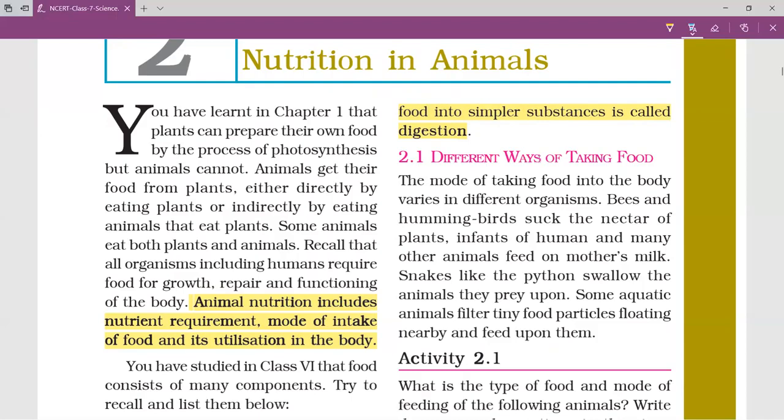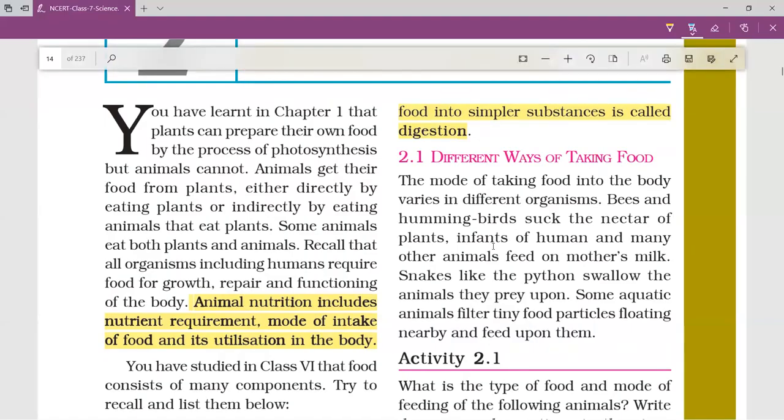Then, not all animals take food in the same way. The ways are different. Like we chew food: we take food by our mouth, chew it, and then it is pushed into our stomach. In some animals they suck the food, like bees, butterflies, and hummingbirds.